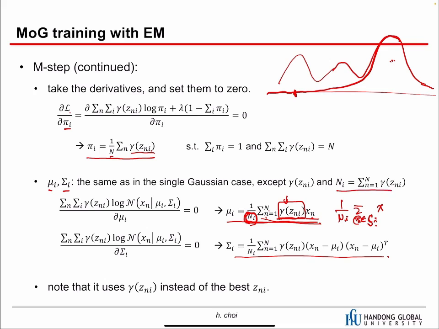And n sub i is the sum of the responsibilities of the ith component. Likewise, we can get a covariance matrix for the ith cluster. Okay, good.